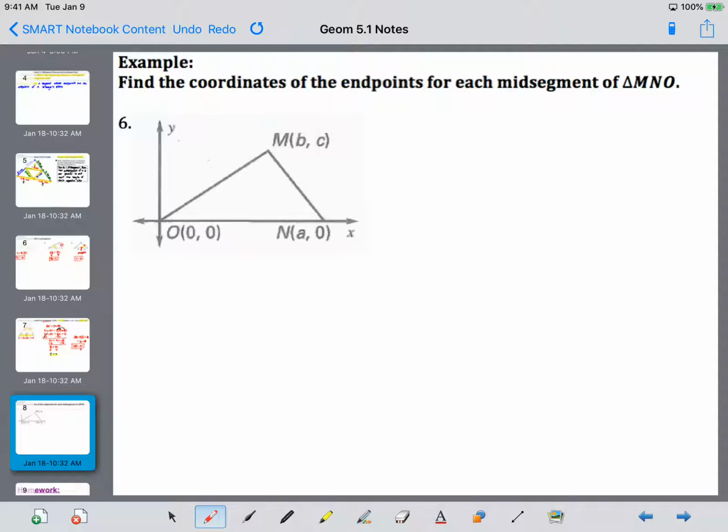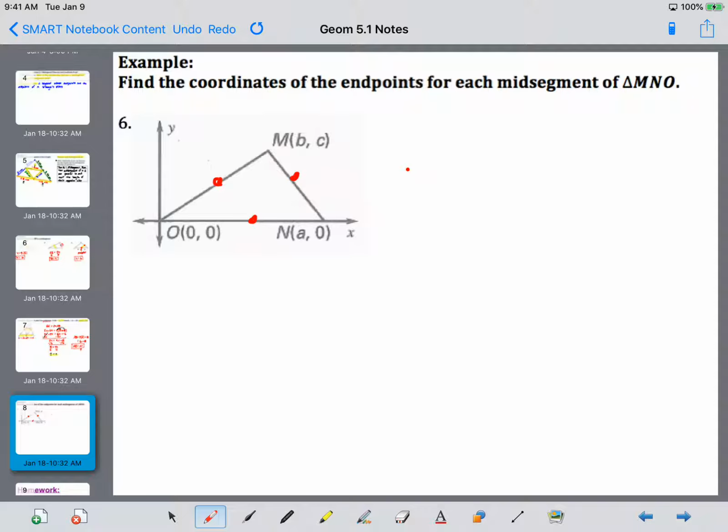So what we need to do here is find the midsegments of these 3 points here. In order to do that, we need to figure out, first of all, where these midpoints are. Okay, so let's go ahead and figure out where those are.